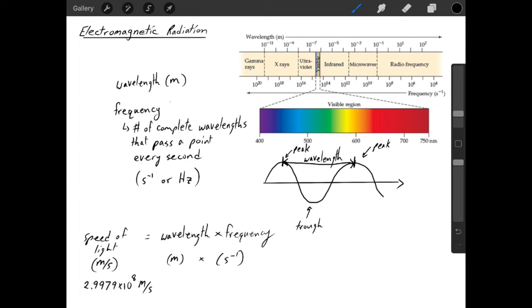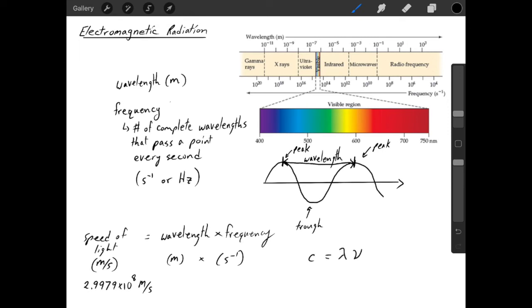And the nice thing is, because this speed of light is a constant, we can see that the wavelength and frequency have to be inversely proportional to one another. That is, as the wavelength goes up, the frequency goes down, and vice versa. We can also rewrite this in terms of an equation, and we would write that as c equals lambda nu.